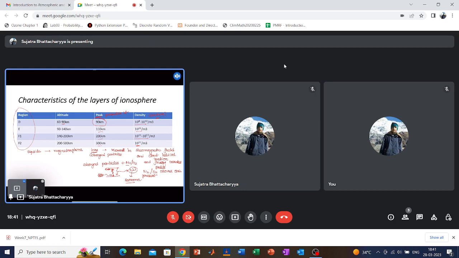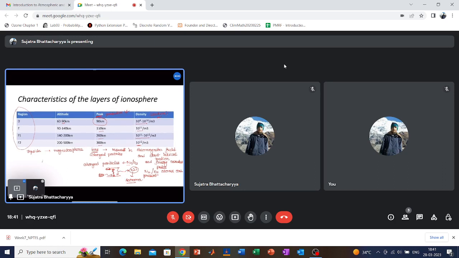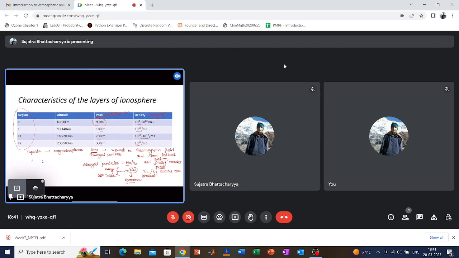Fine. Now why is it so? Why is the density low at lower layers? This is because the photons of the sun's rays are already getting absorbed in the upper layers.